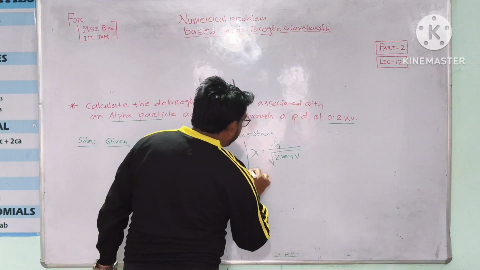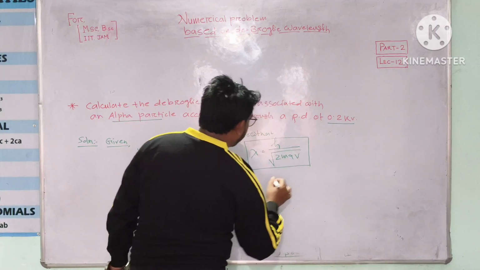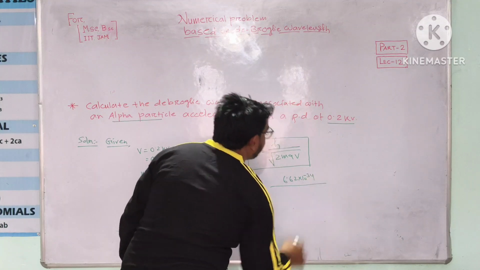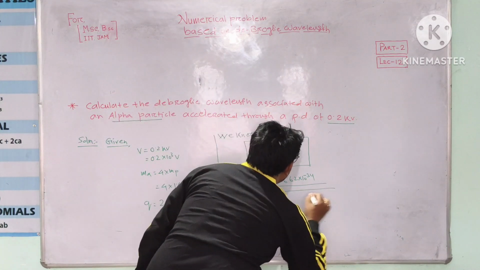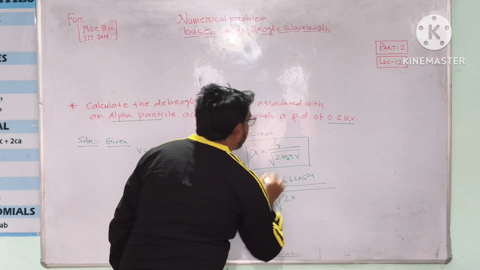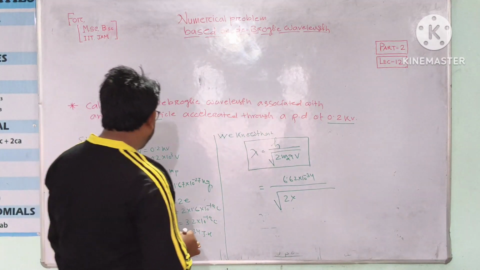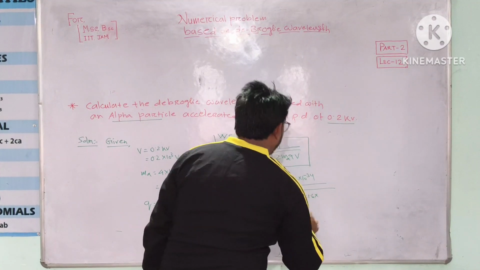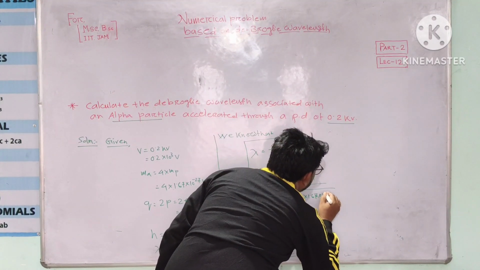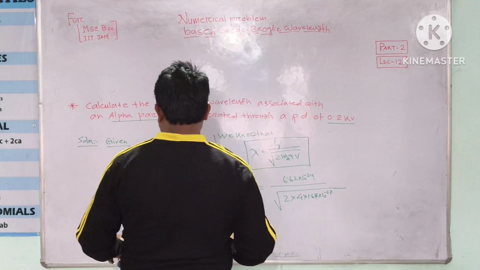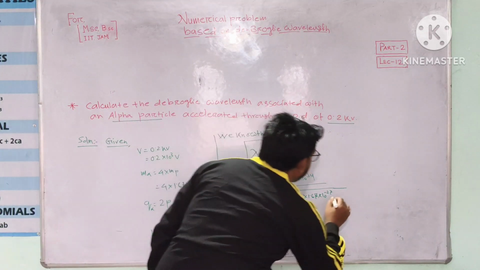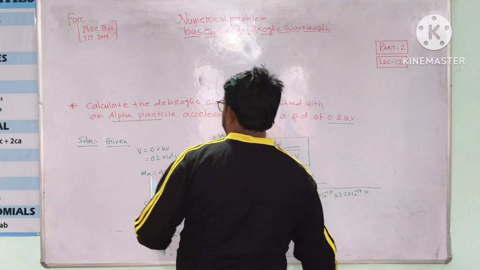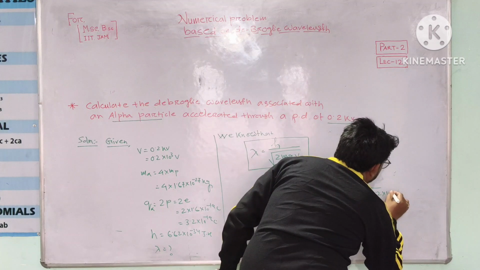The value of h equal 6.62 into 10 to the power minus 34, mass of alpha particle m alpha equal 4 into 1.67 into 10 to the power minus 27, charge of alpha particle q equal 3.2 into 10 to the power minus 19, and potential difference is 0.2 into 10 cube.